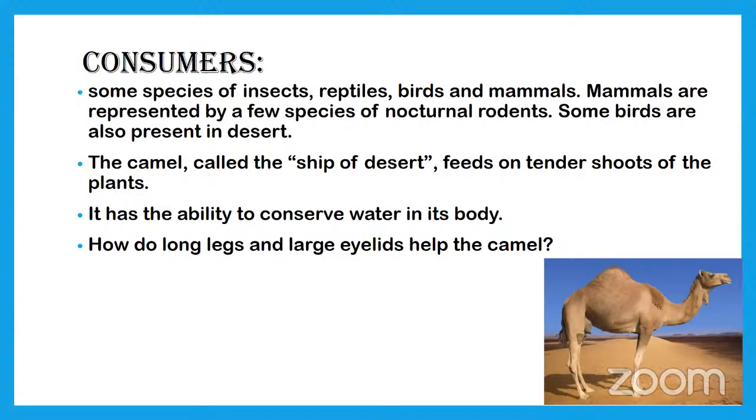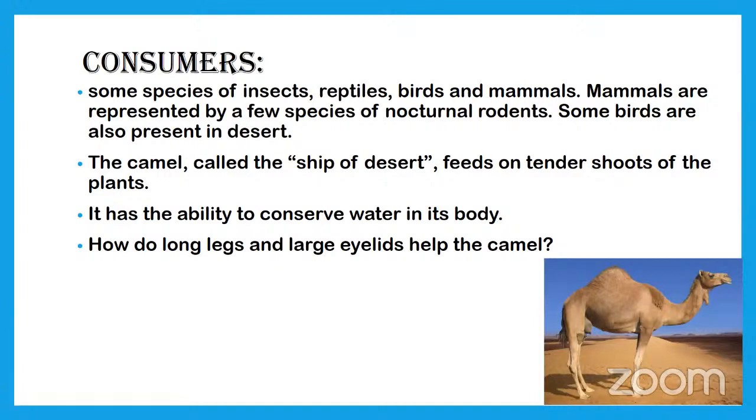And one more interesting fact is the camel can stay without drinking water for up to 1 month. Why? How can it survive? It has the ability to store water in its body. Actually, the stomach of the camel has 4 chambers. One of the chambers stores the water, so that is why it can survive for many days without taking water.